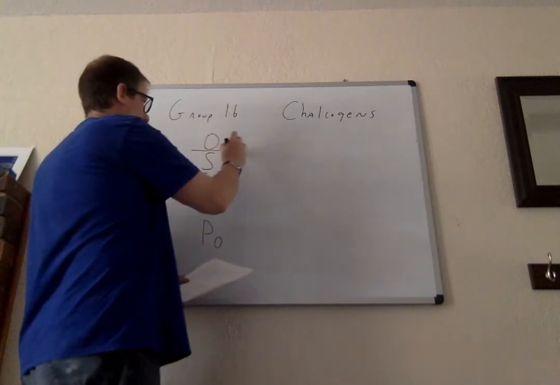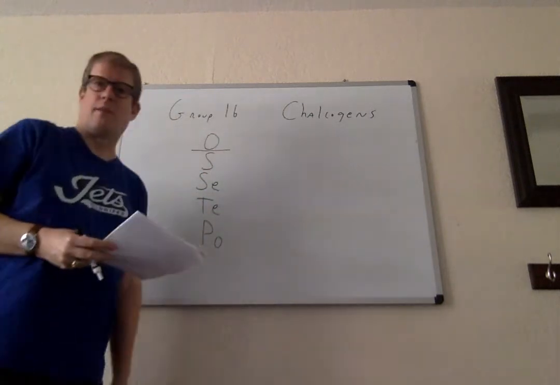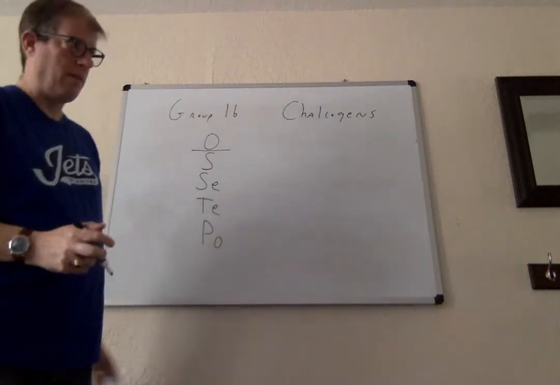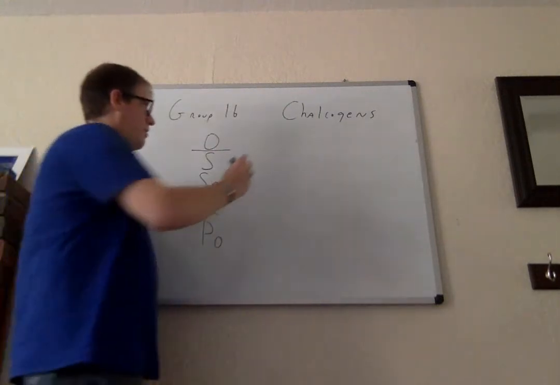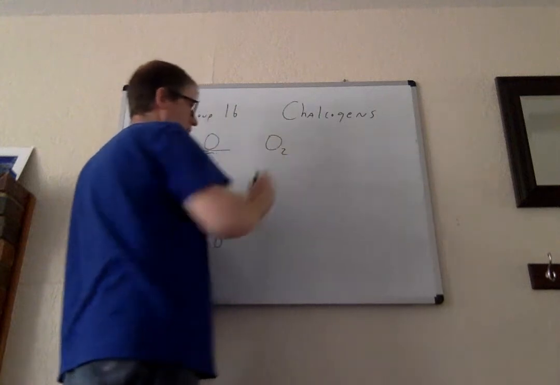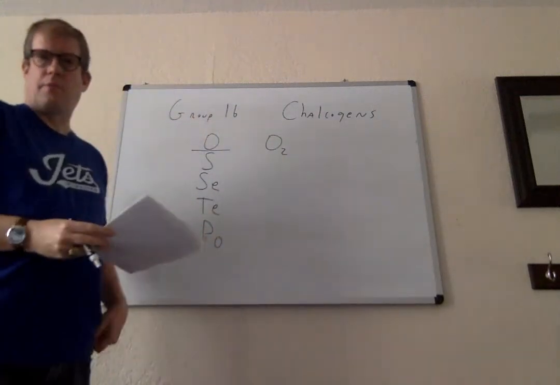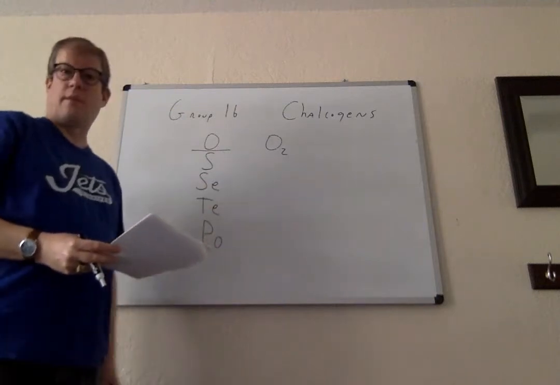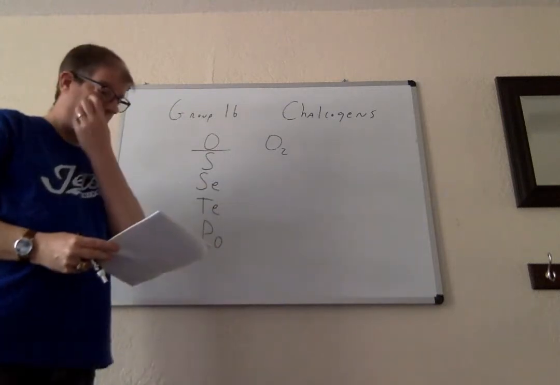And so, obviously, one of the most important elements on this list is oxygen. This is the stuff we breathe. It doesn't come as atomic oxygen, as I'm sure you firmly know, in nature. It comes as O2. This actually has an interesting historical story to go with it.